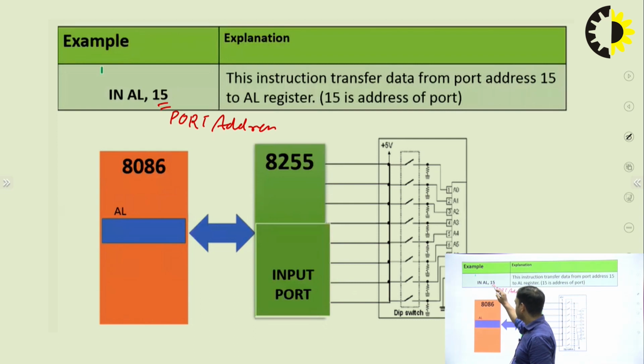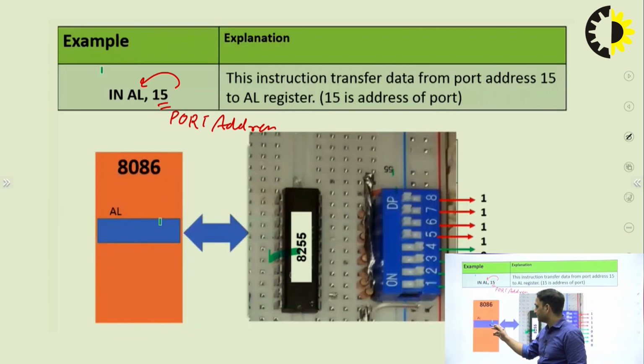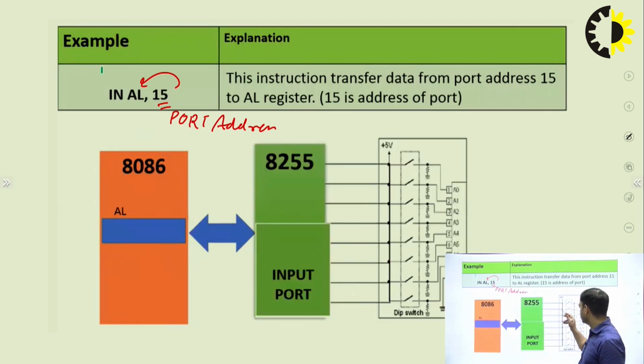Okay. So the content which is available at port 15 will be stored into the AL register. Here we see that AL, we can replace this with different ports. We can connect different DIPs, dual inline packages.